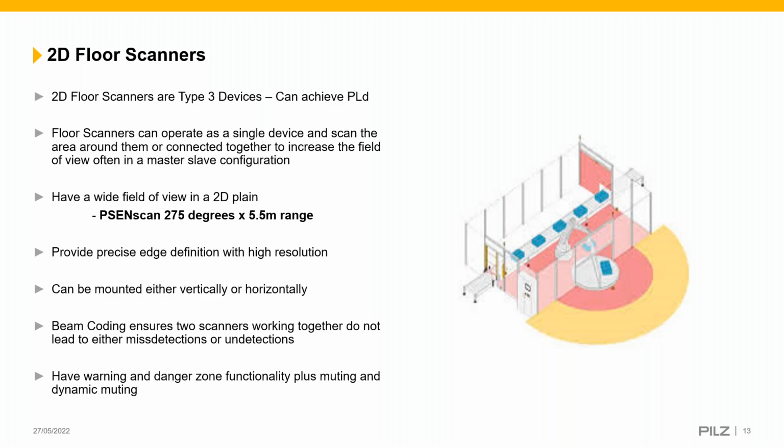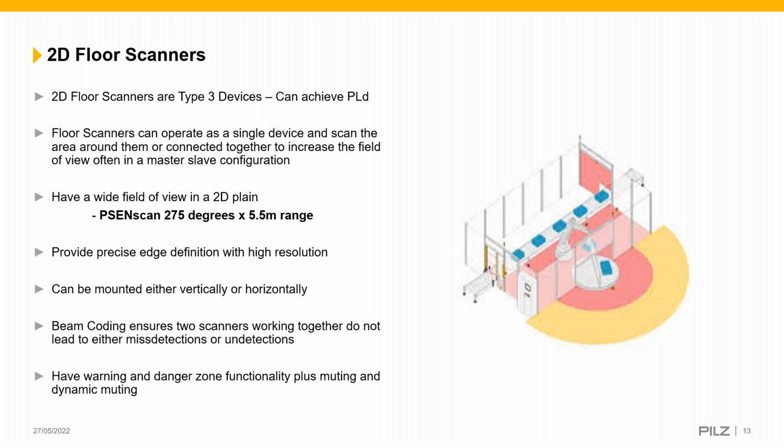As with the light curtains, they have high resolution, so they give this precise edge definition, meaning that, again, as soon as somebody walks into that protective field, they will be detected near as damn it immediately. But they can be mounted not just horizontally, but vertically as well. So they can create like a curtain over an area, whether that's above or from the side.